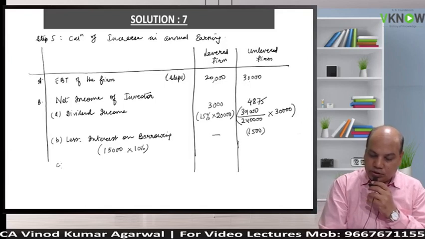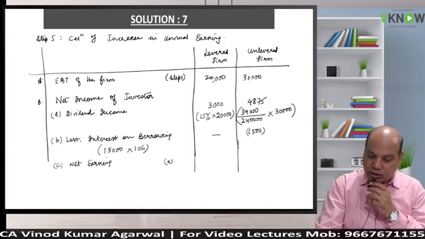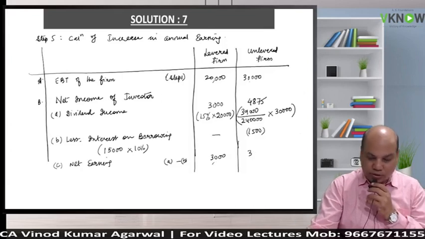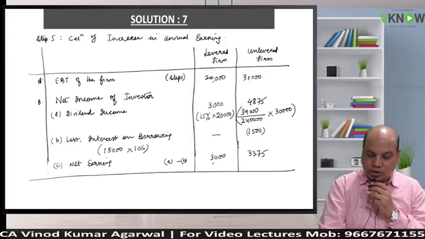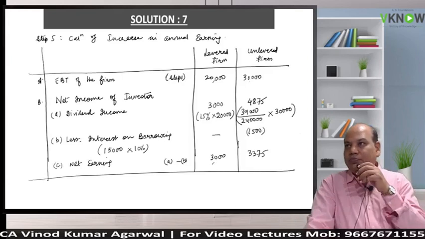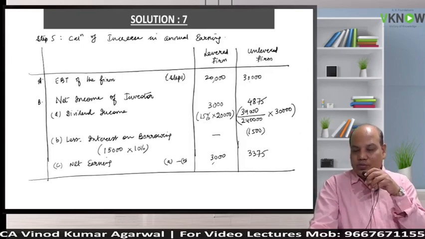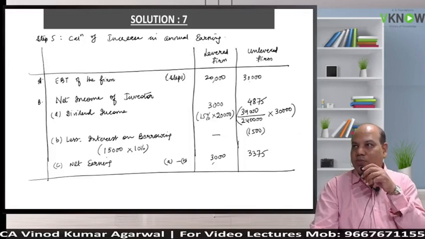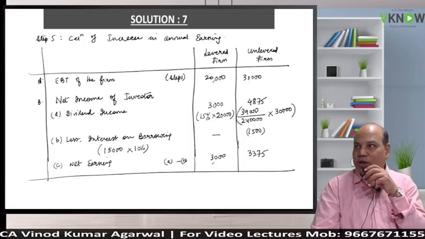So what is the net earning? Yes, net income, small a minus small b. Here it is 3,000. It is 3,375. Very good. So earlier he was earning 3,000. By switching from one company to another company, by borrowing some money in a certain ratio and at a certain rate, he is getting 3,375.